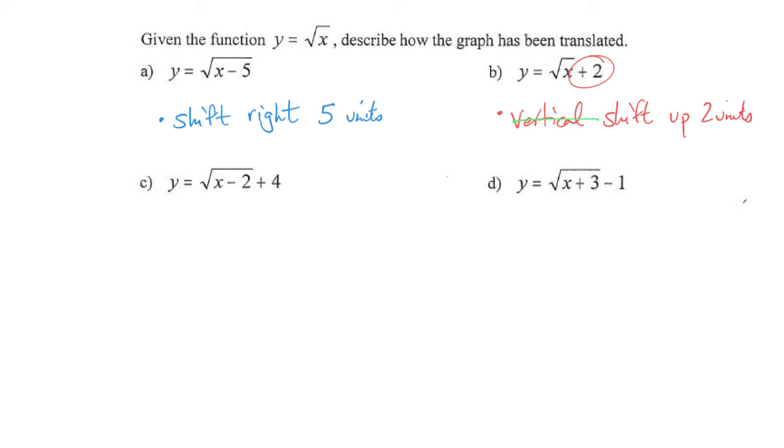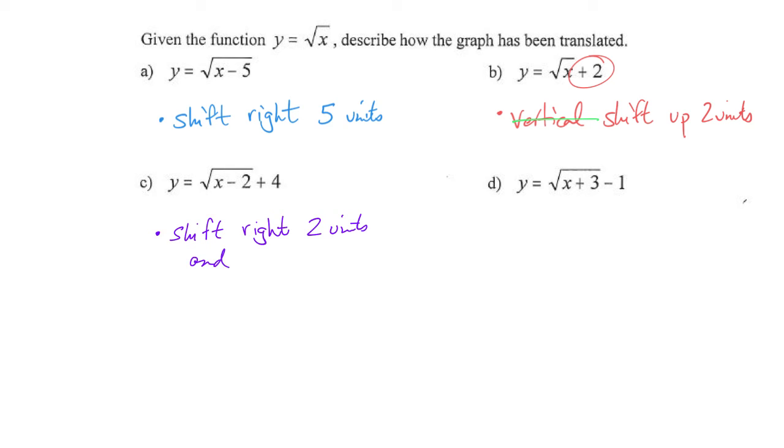Okay, let's take a look at C. C, we see that we can have 2 transformations. So maybe I take a look at that shift underneath my square root. I see that I have a -2 underneath there. So I know that I need to shift that curve to the right 2 units.